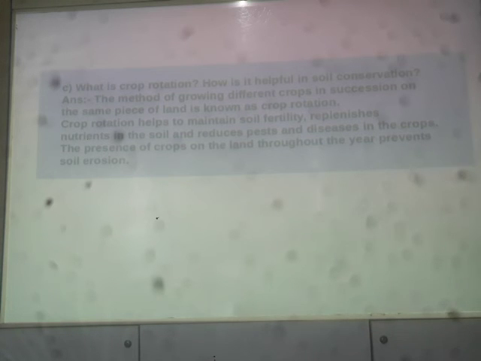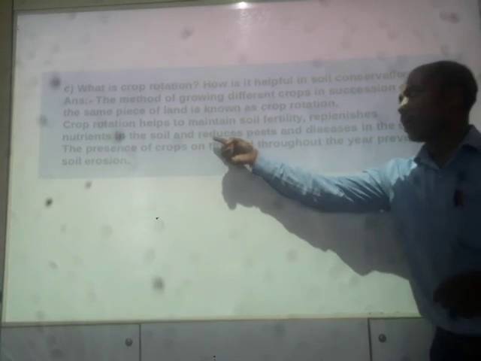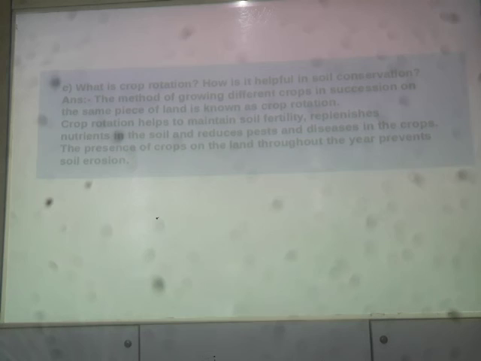It also reduces the pests and diseases in the crops. Crop diseases are reduced, and moreover, pests are also reduced. You can ask how pests are reduced.